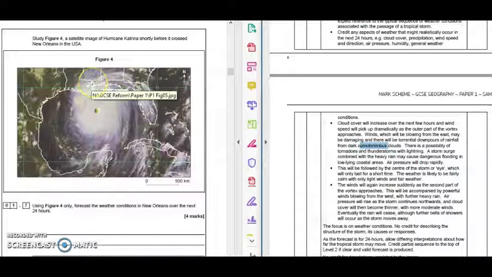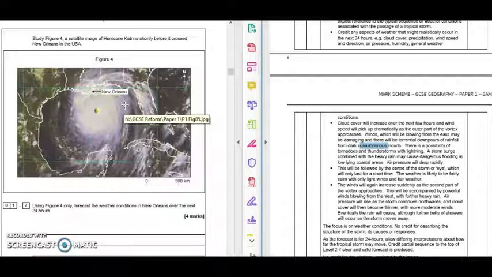So for instance, following the cursor, this is the way that it will spin, in this direction, round like that. So what you could say is New Orleans, the cloud is going to come from the east and then it's going to pass over like that. So the clouds from the east and then the rain and then the wind.